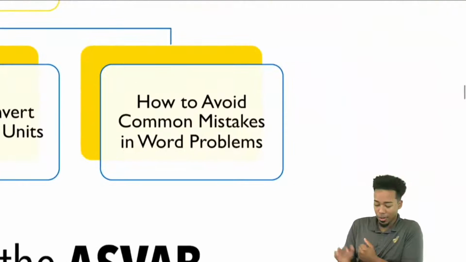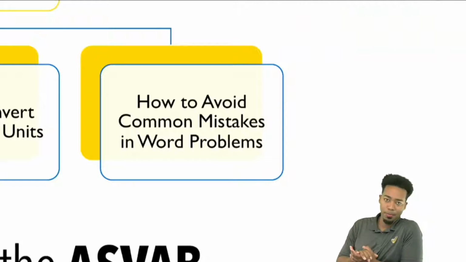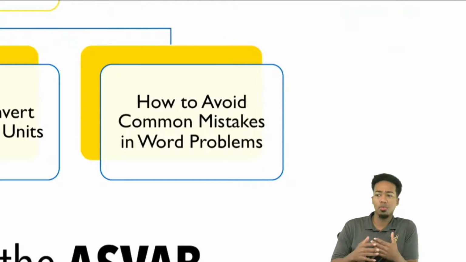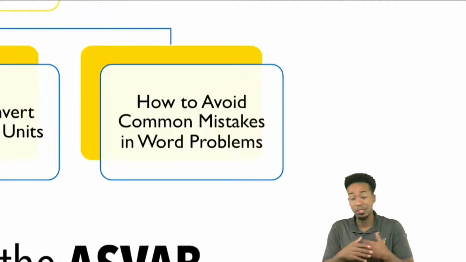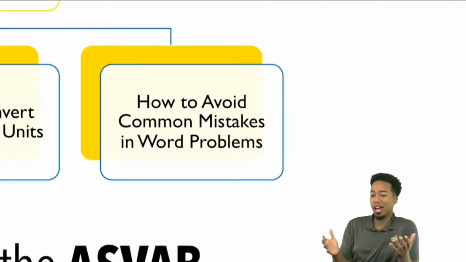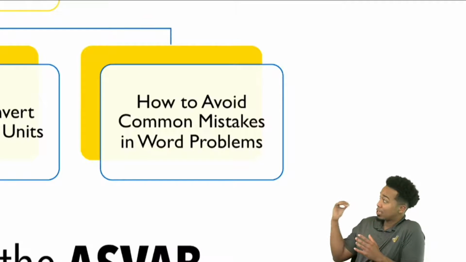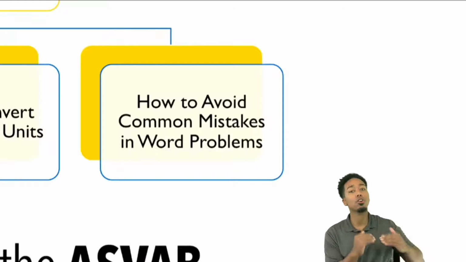Number two, I'm going to start here first. Avoiding mistakes in common word problems, or common mistakes in word problems. We're going to be looking at a variety of word problems, looking at time conversions, distance conversions, weight conversions, including money. And I'm going to show you how the same principle applies. And also how to spot those potential mistakes that a lot of people seem to make when they're just starting off learning.